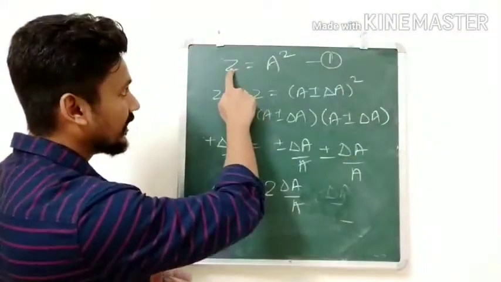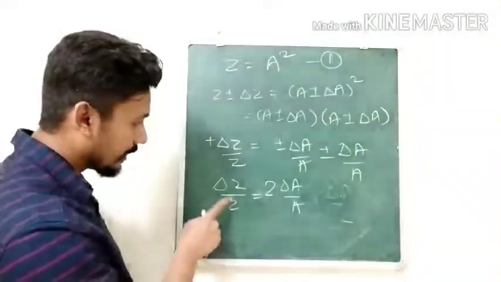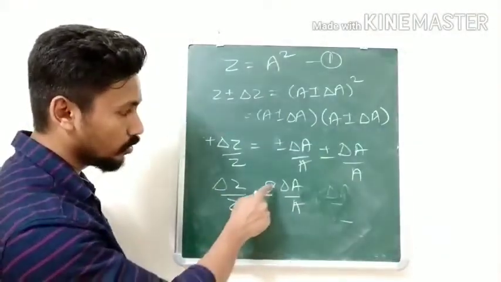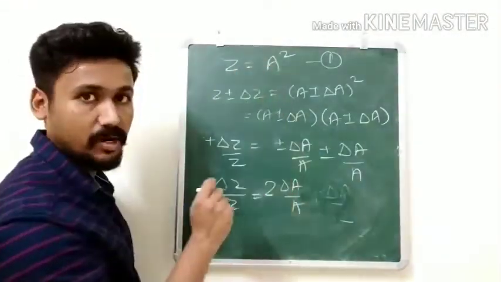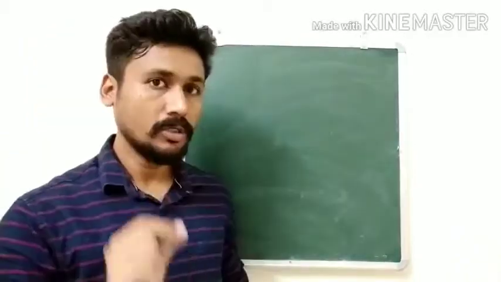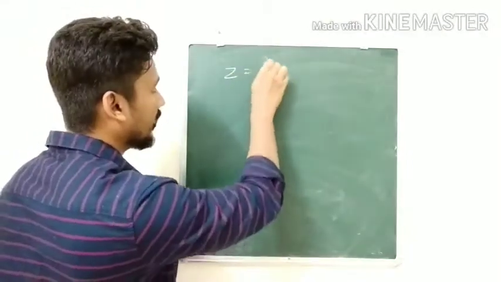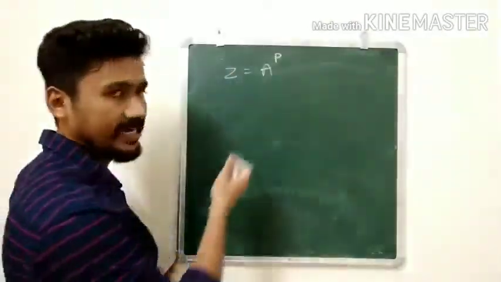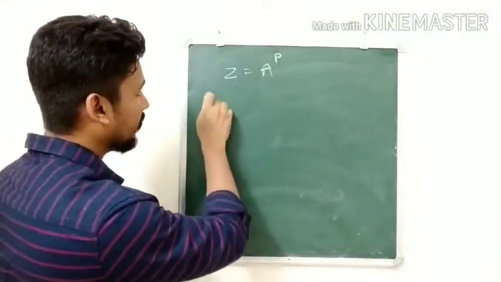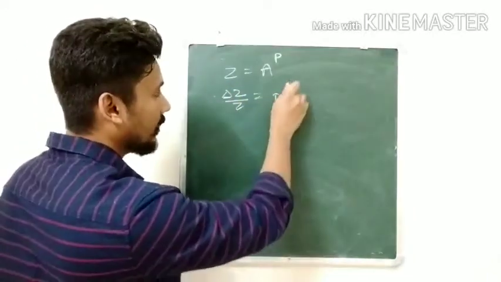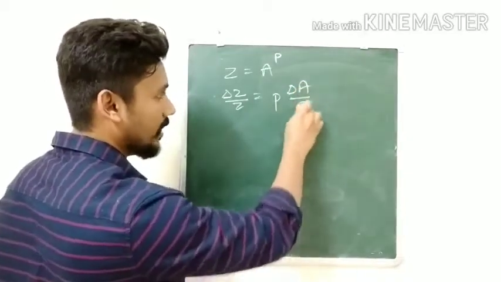So if Z is equal to A square, the relative error of the combination is equal to 2 multiplied by the relative error of the individual quantity. Using that logic, if you have Z is equal to A raised to some power P, then we get therefore delta Z by Z is equal to P multiplied by delta A by A.